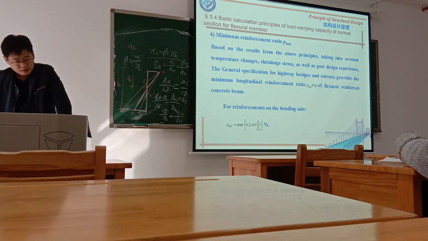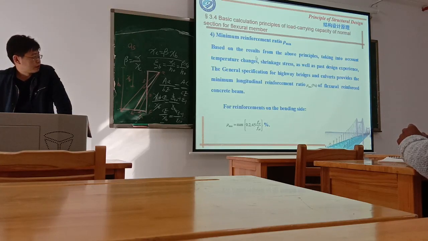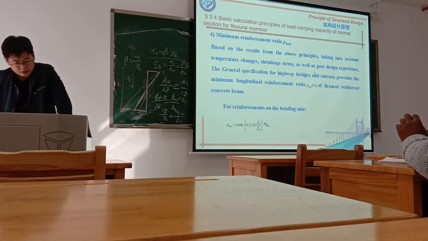because this value is obtained from some experience and calculation, and also considers the temperature change, shrinkage stress, as well as some design experience. And finally, we got this value.